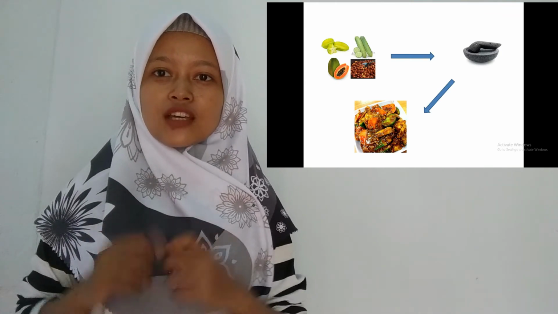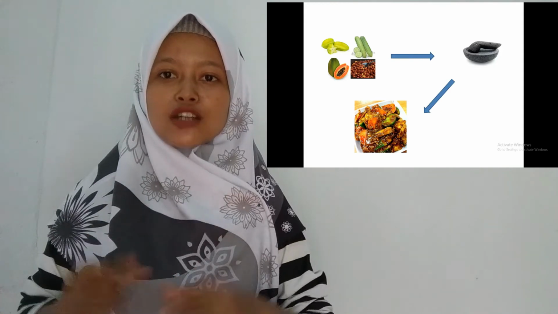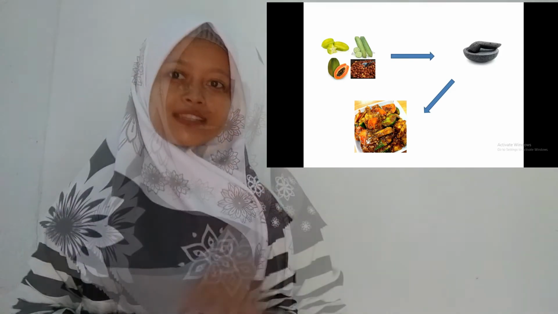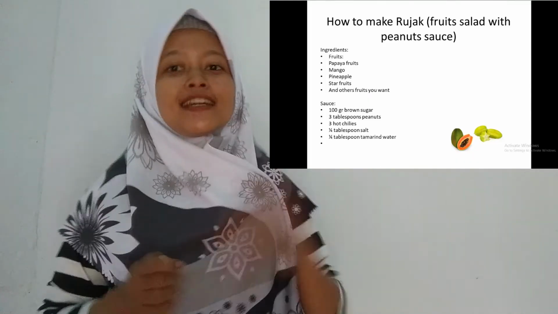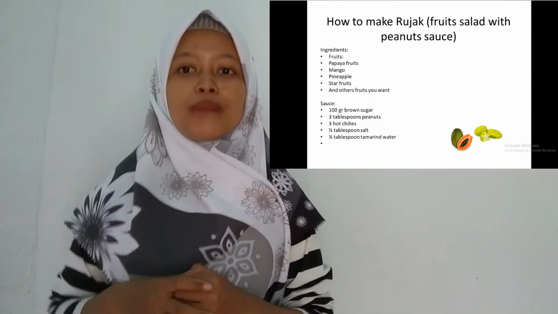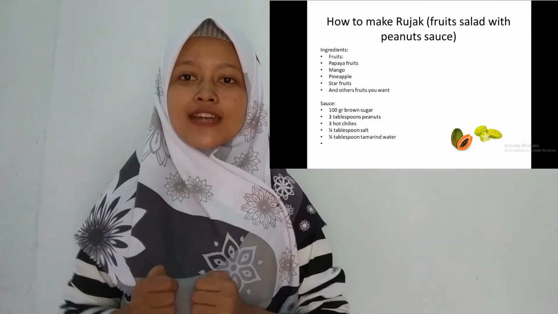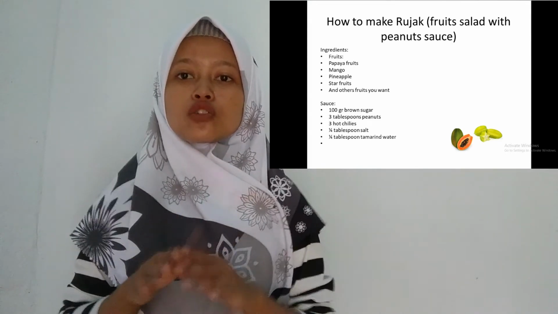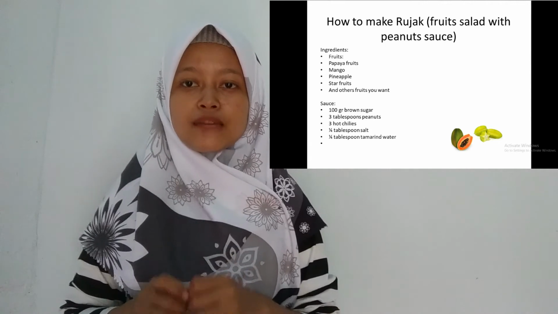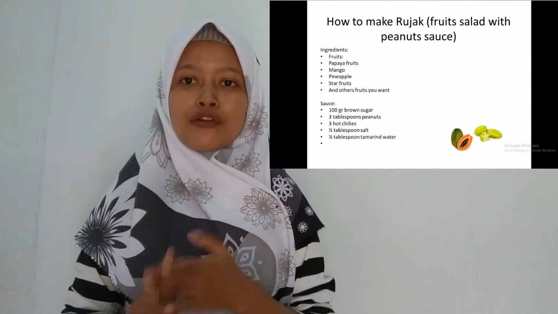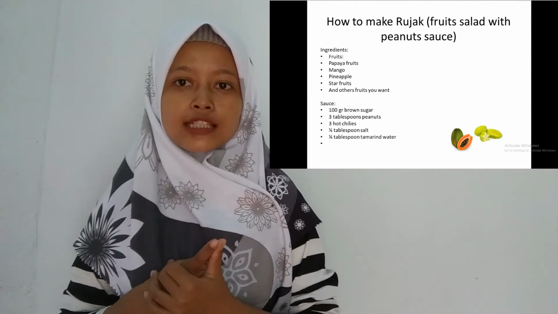And if you want to look at the complete text of the rujak recipe, then you can look at this. So here is the complete recipe of making rujak. The title is How to Make Rujak. For the fruit ingredients, you can choose many fruits you like, for example papaya, mango, pineapple, star fruit, or other fruits you want.